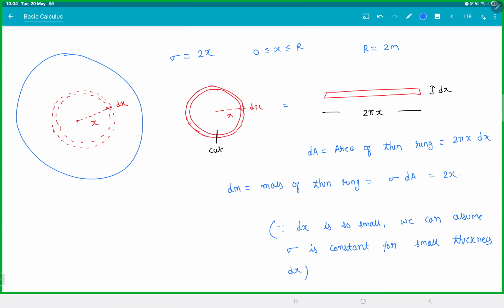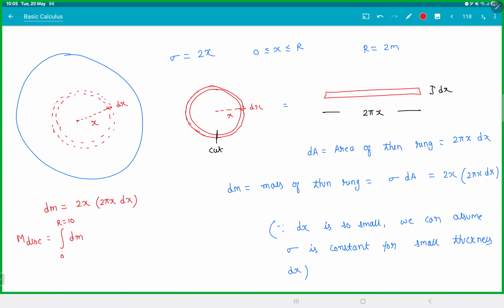Now what is sigma? Sigma is 2x. What is dA? 2 pi x dx. So we are done there. So we got the mass of the thin ring, dm, is 2x into 2 pi x dx. So you want the mass of the disk. So what to do? Add all the rings dm. Where are the rings starting from? Rings are starting from 0 to r.